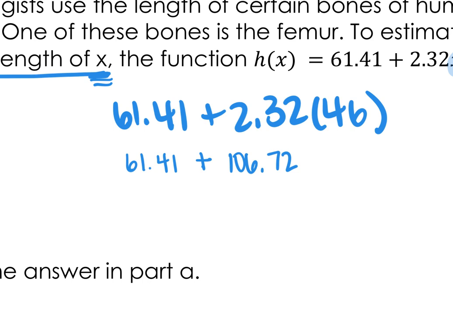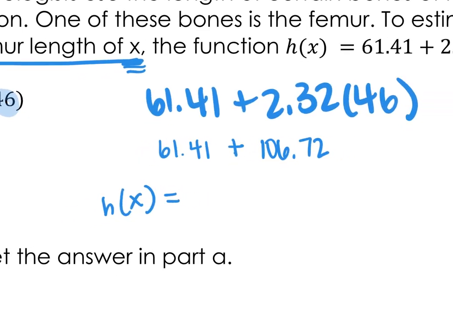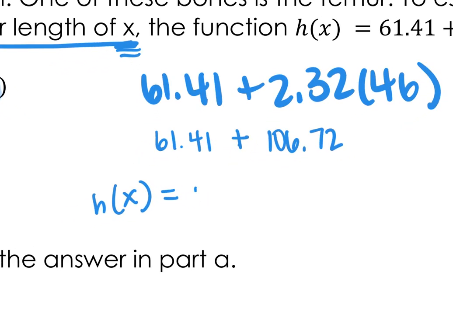And now that you've done that multiplication, now you can go ahead and do the addition. So 106.72 plus the 61.41 means that h of x equals 168.13.